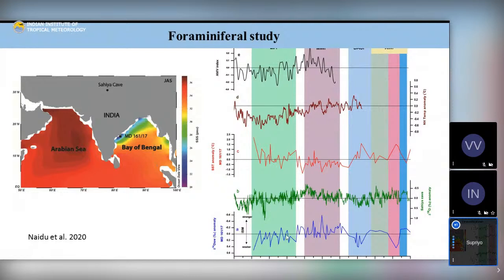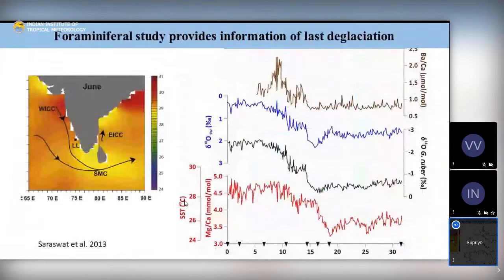According to these authors, their records show a very strong resemblance with the isotopic record of speleothem, which comes from the terrestrial environment, and this good match shows the strong coherence between the marine records and the terrestrial records.